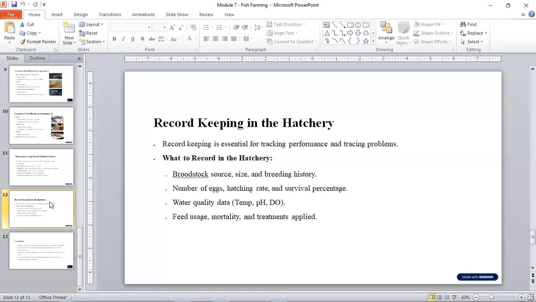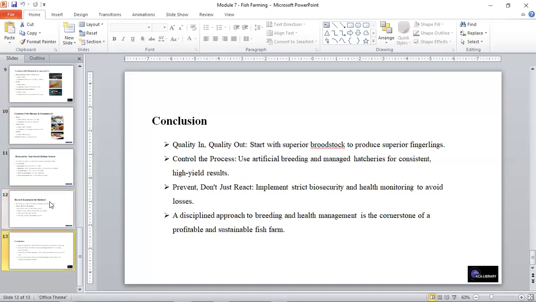You can also record the number of eggs, hatching rate, and survival percentage. You need to record water quality data, the temperature, the pH, and the dissolved oxygen at a particular point in time. Also, the feed usage, the mortality, and the treatment that is applied need to be well recorded.